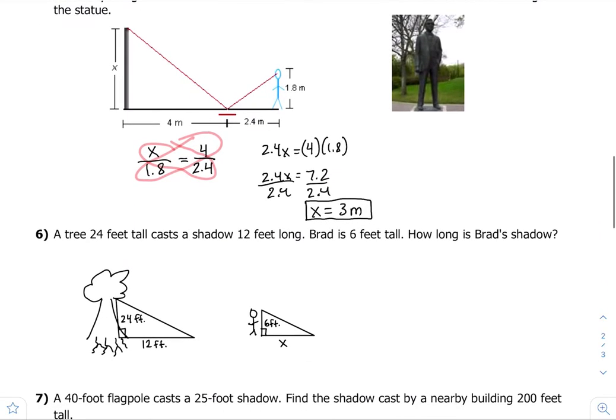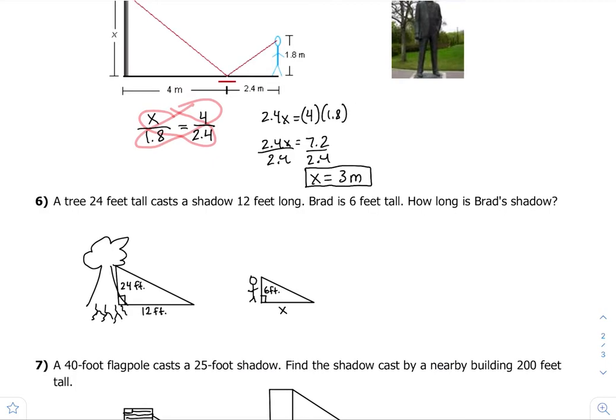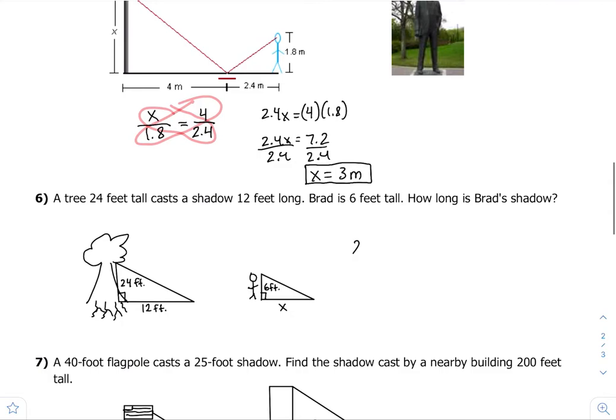Alright, number 6. Tree, 24 feet tall, casts a shadow of 12 feet, and we got a person, which is 6 feet tall, and that person casts a shadow of x. So we gotta find our shadow. So I'm gonna do the height of the tree over the height of Brad, and then the shadow of the tree over the shadow of Brad.